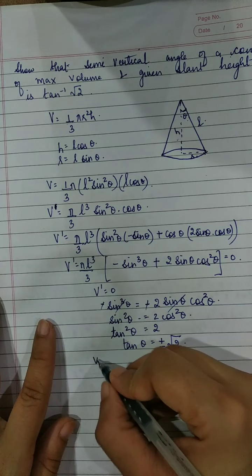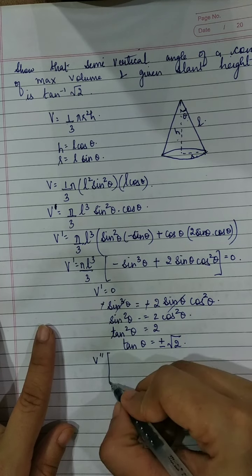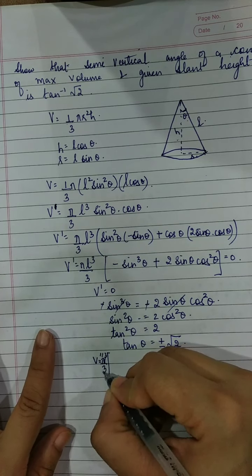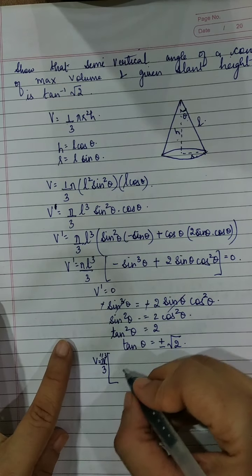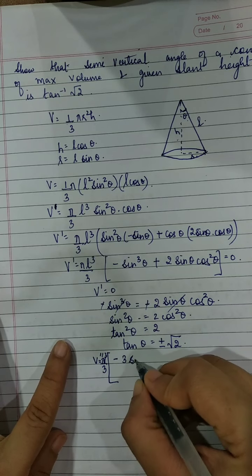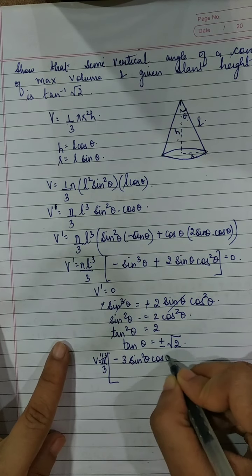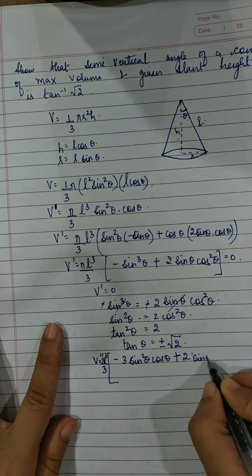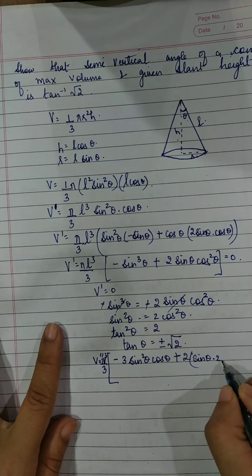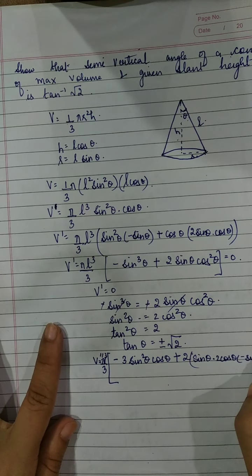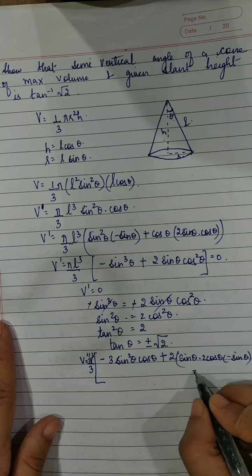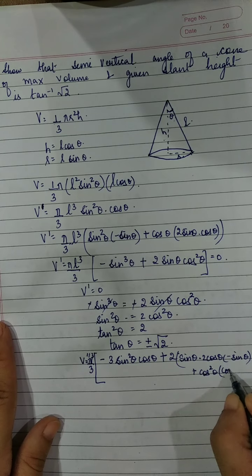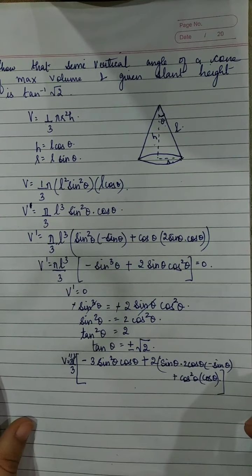Now we'll be finding V double dash, right? It can be simply done, before putting it equal to 0. Let pi L cube upon 3 be as it is. Minus sine cube theta differentiates to minus 3 sine square theta into cos theta, plus 2 sine theta as it is. Derivative of cos square theta is 2 cos theta into minus sine theta. Then cos square theta as it is. Derivative of sine theta is cos theta. Right?